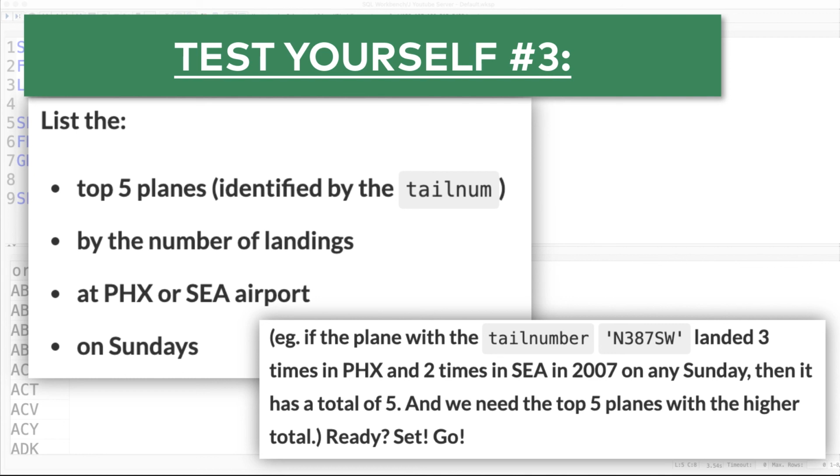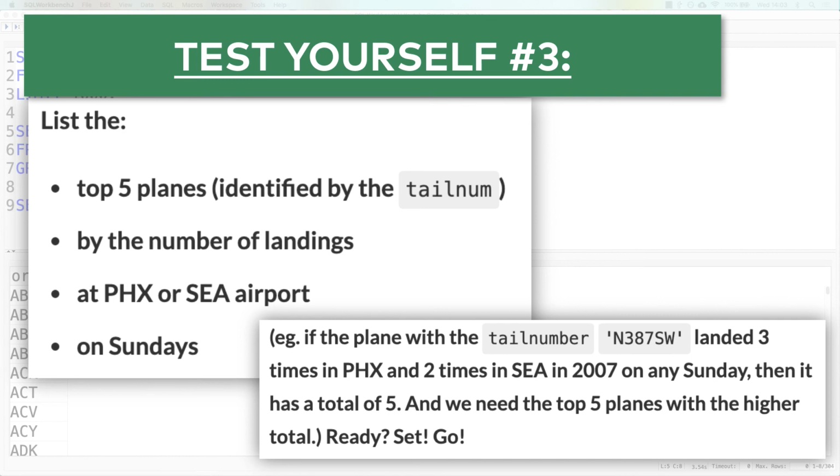And we need the top 5 planes with the higher total. As I said, it won't be easy, but I know that you can do this. If you want to check out the solution with a detailed explanation, again, you can check out the article version of this video that I linked in the description.